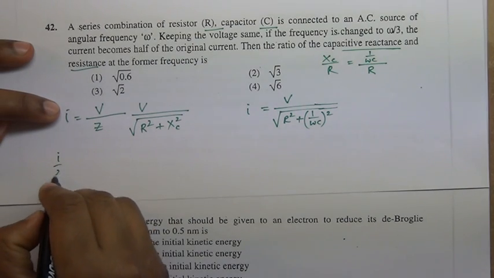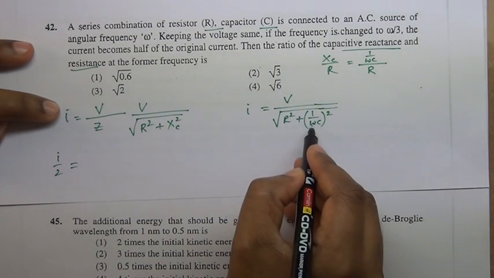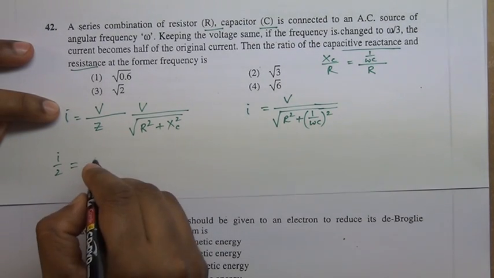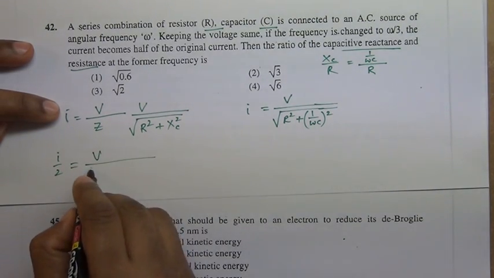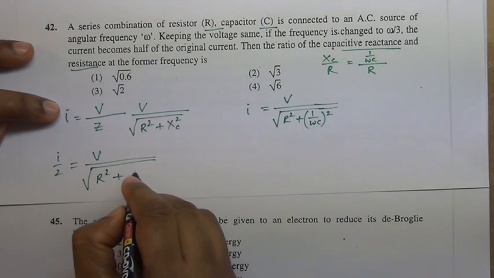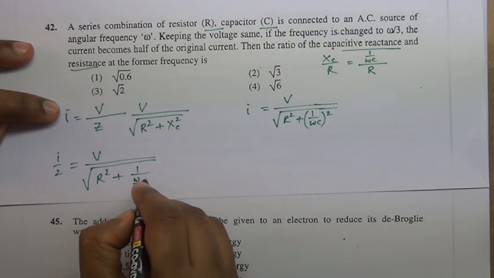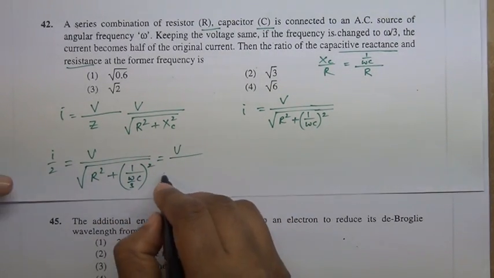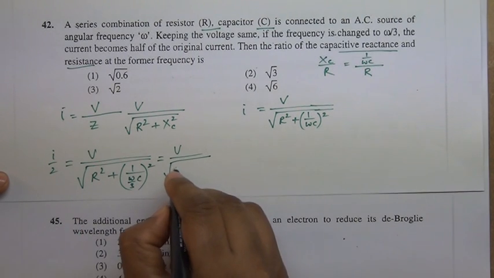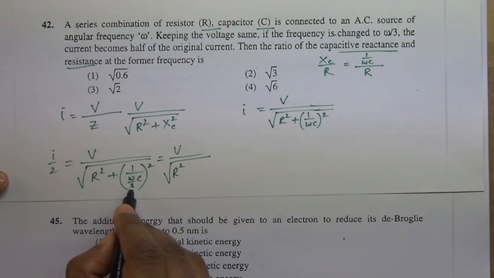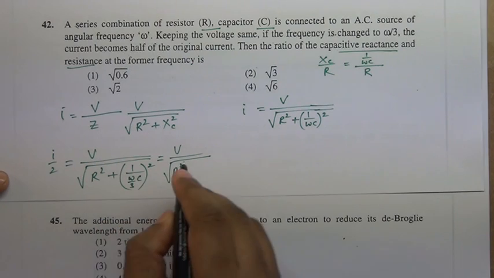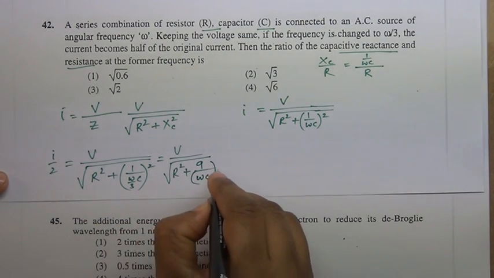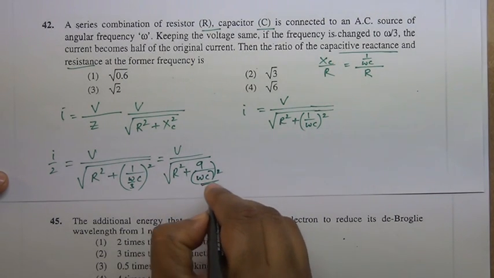Then V by root of R square plus (1 by omega by 3 C) square, which equals V by root of R square plus 9 by omega C square, since 3 square is 9. So this square is only for omega C.